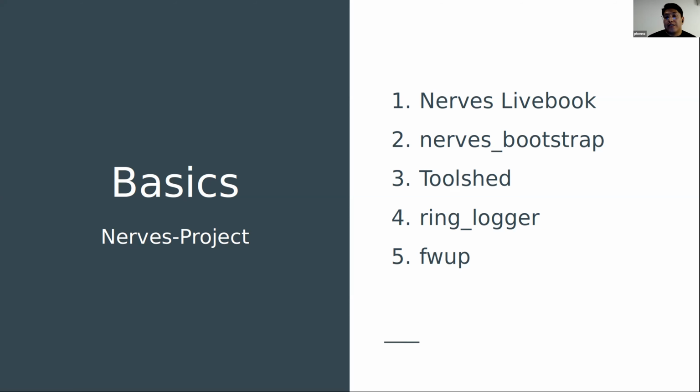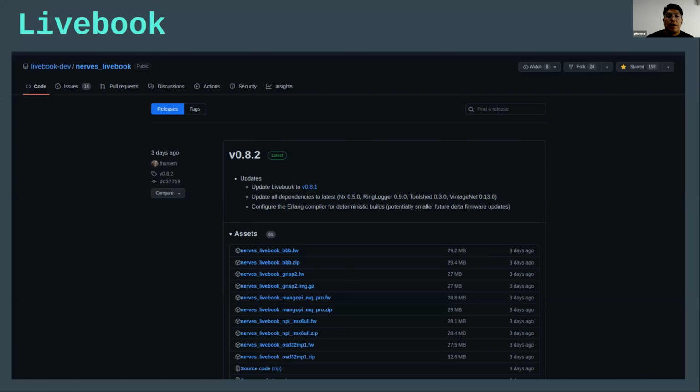So the first thing that I want to share with you is Nerves Livebook. Probably some of you have heard about Livebook because it's a good way to start experimenting with Elixir, especially for web applications. And we have a version of Nerves Livebook that can be run on your devices.